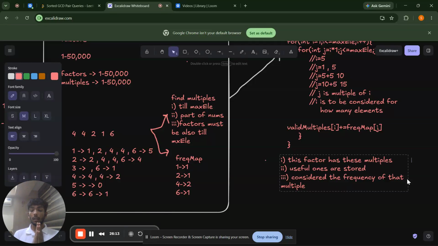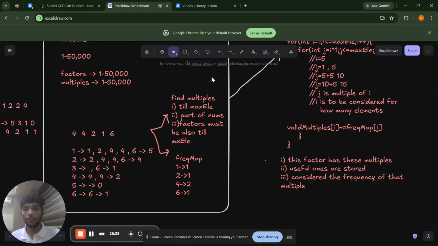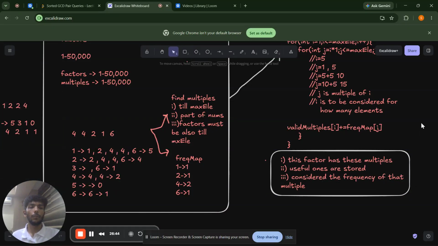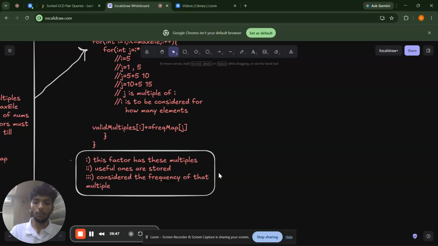We need to find pairs. We need to calculate the GCD of pairs of each possible combination. As of now, we have just found out that these are the possible GCDs. We haven't even found out that these are the GCDs of these particular pairs. So from the information that we have collected, let's do one thing.